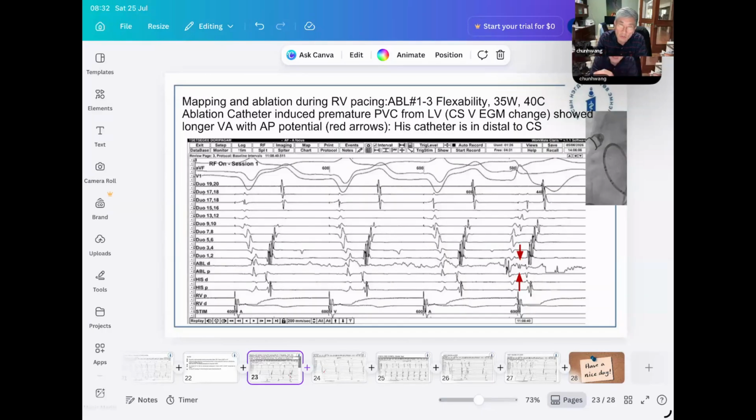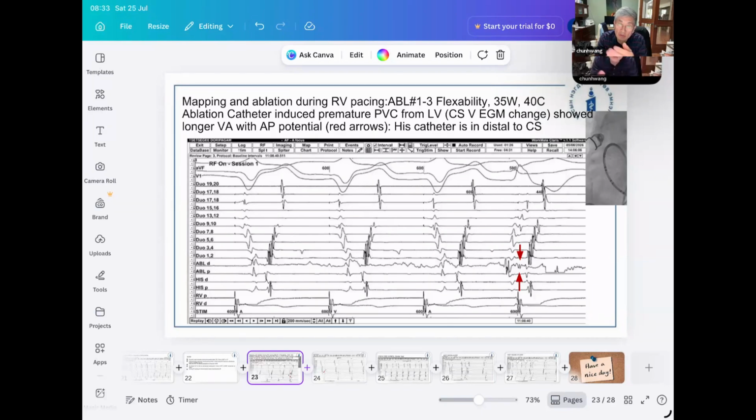That's why I tell my fellows to please pace LV. Look at the ventricular activation and the CS EGM, see if you can find evidence of pathway potential. And this is one such example. So instead of making your day very difficult, it's just a simple 30-second maneuver, pacing LV, before you decide to ablate the left-sided pathway.